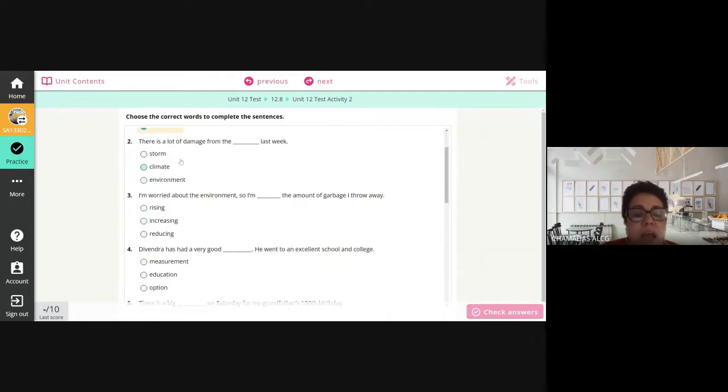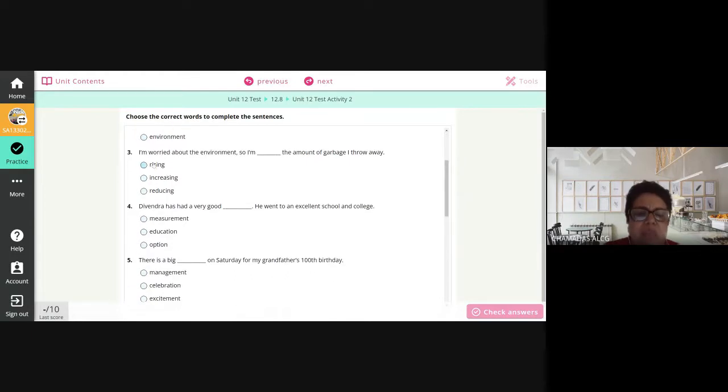Number 2, there is a lot of damage from the storm last week. Okay. Number 3, I'm worried about the environment. So I'm reducing the amount of garbage I throw away.